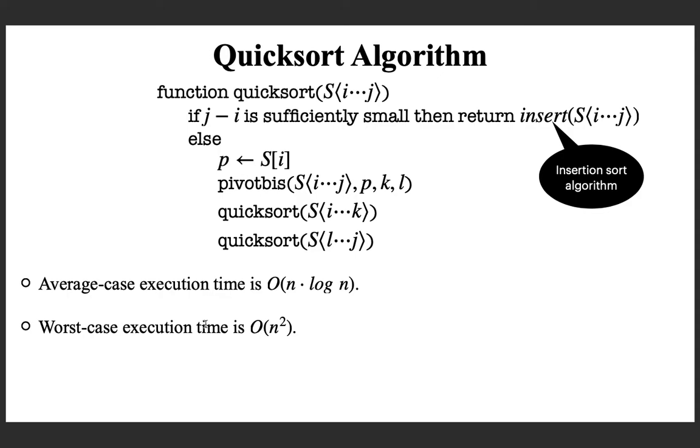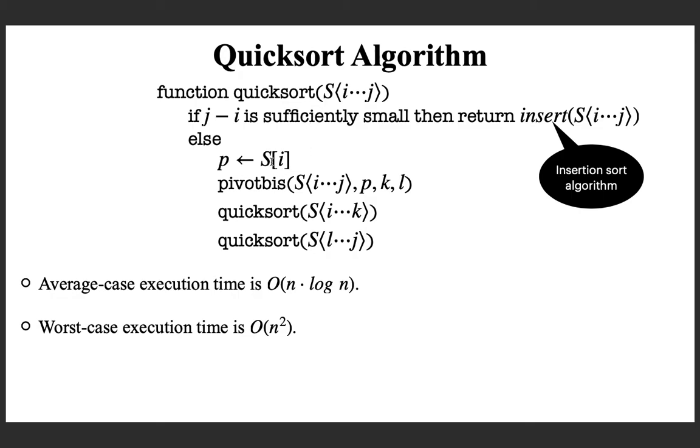And the worst case happens when you give it a sequence which is already sorted, either in the non-increasing order or in the non-decreasing order. In that case, every time, because you are selecting the first element of the subsequence, it will divide the sequence into two, where the first sequence has only one element and the other sequence has n minus 1 elements, and that is the worst case instance to this problem.